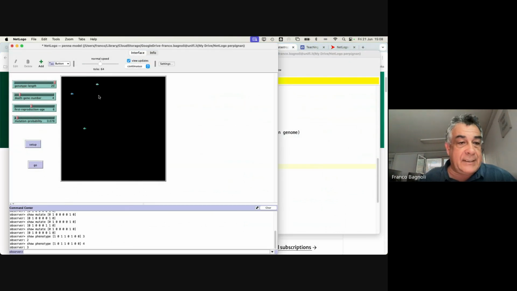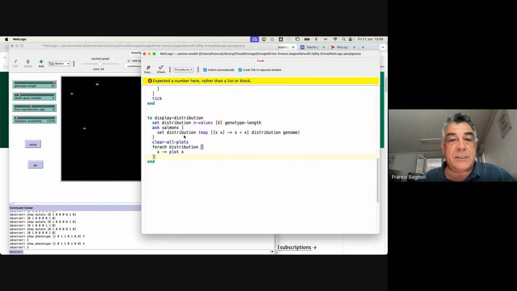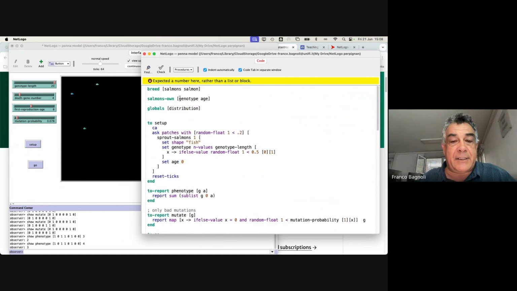So the idea is the following. We have a certain number of turtles, which we call salmons. Each of them has a genotype, which is a list of genes of length, each one or zero. Zero are good genes.